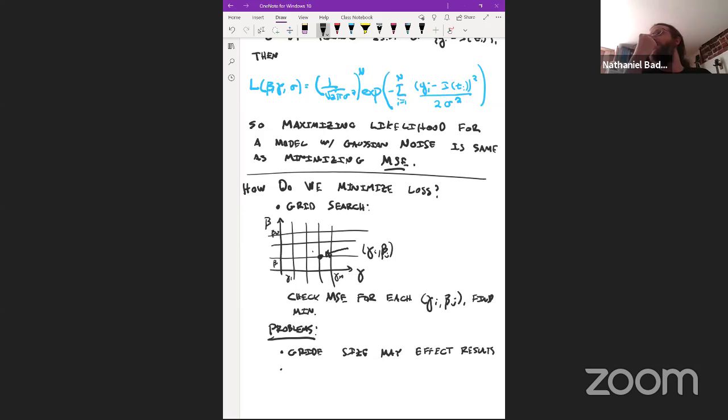You might wind up in a case where, if you had something like sine, you're randomly saying the minimum's right here, when in fact the minimum's periodic, and you just can't see that behavior. So: affect results, may miss points.